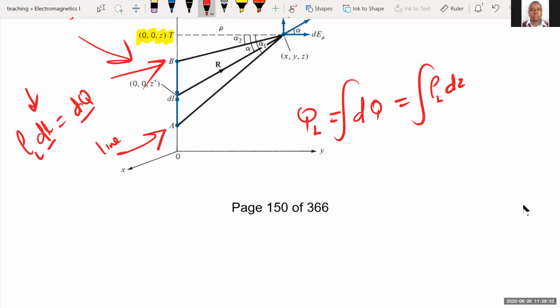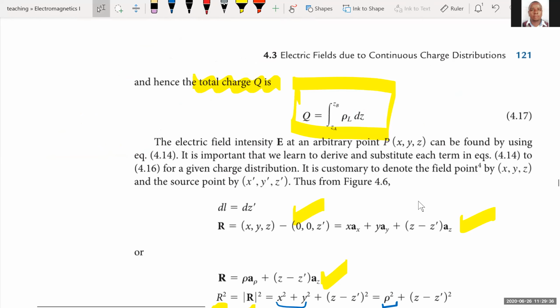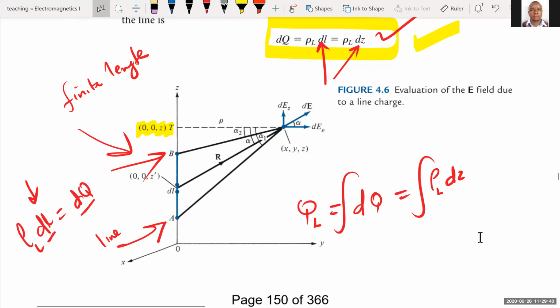That gives you the charge due to that line element. Of course, our limits of integration move from point A to point B, and A and B have their coordinates, which you just replace.